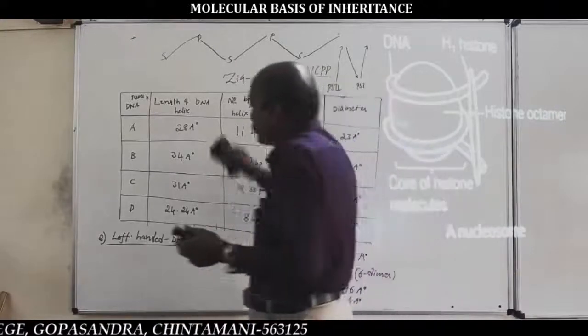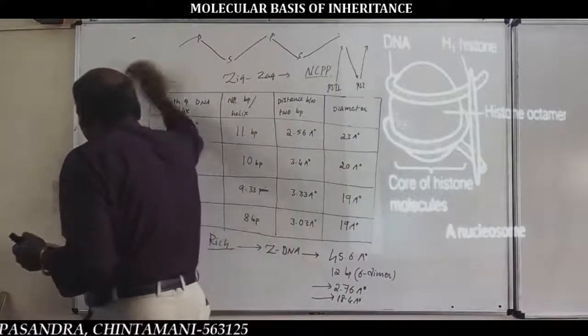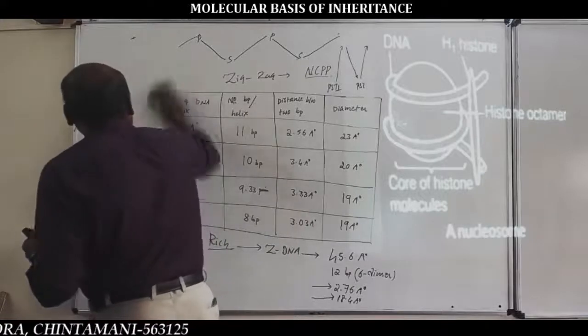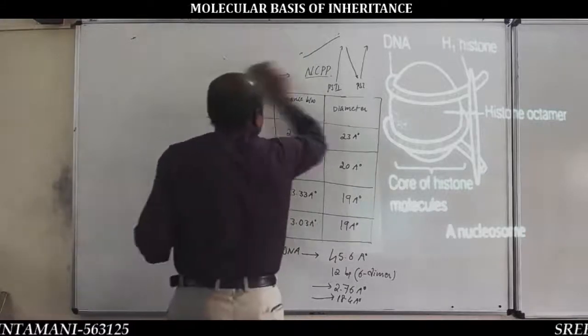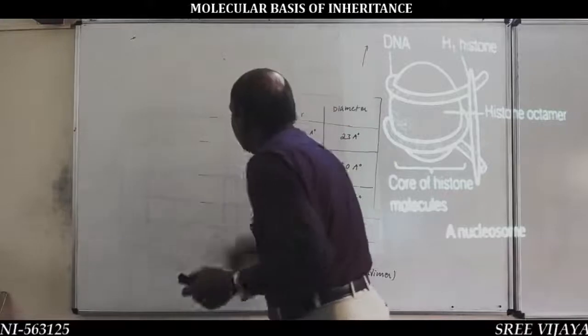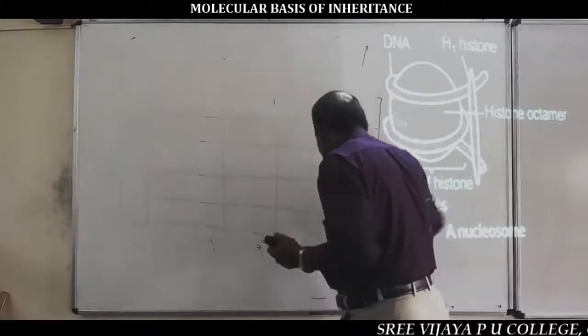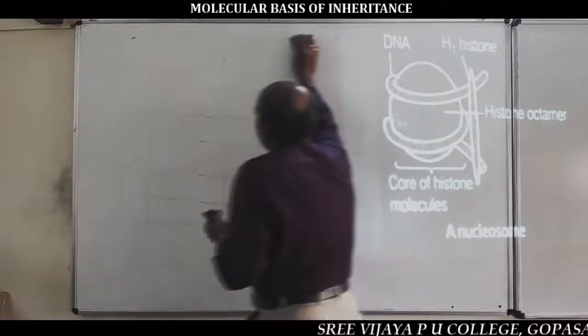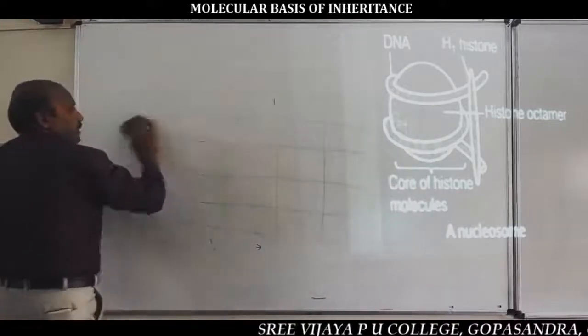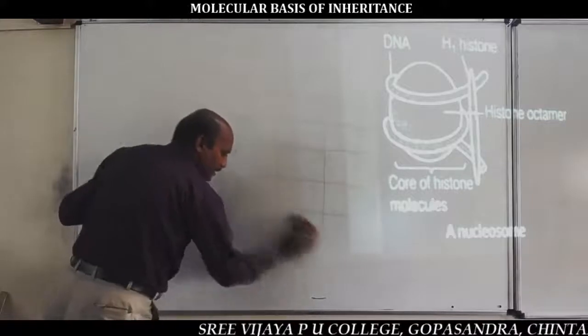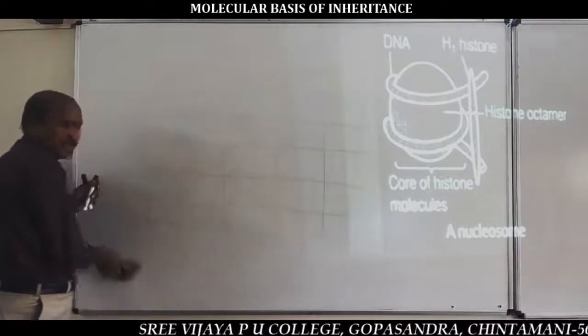And next to the left-handed and right-handed DNA is palindromic DNA. Actually, palindromic DNA is one of the most significant DNAs in the biotechnology unit.